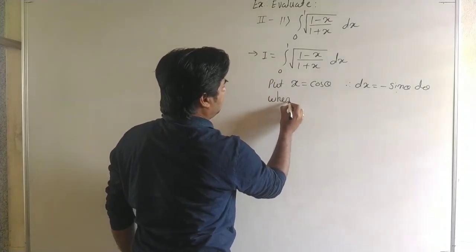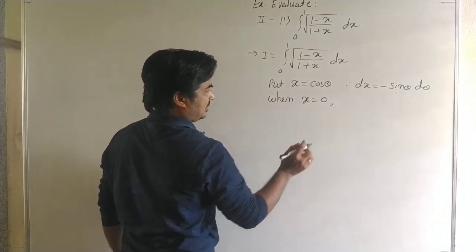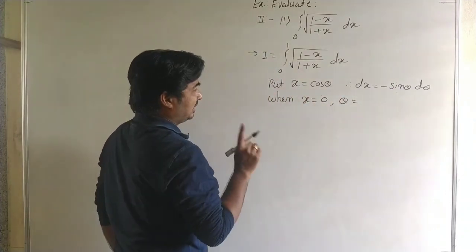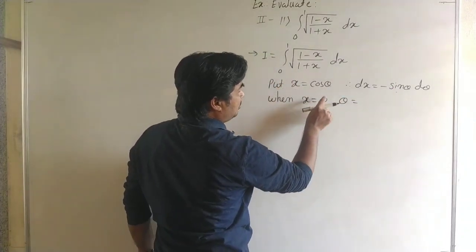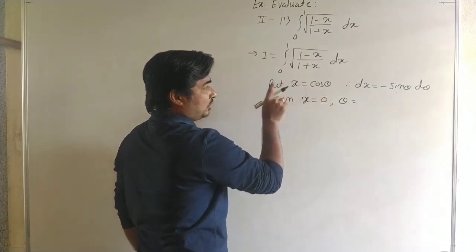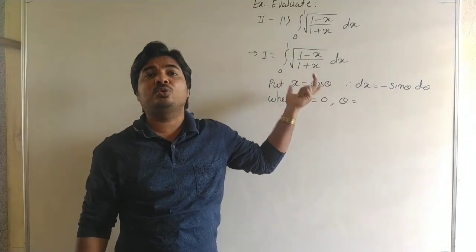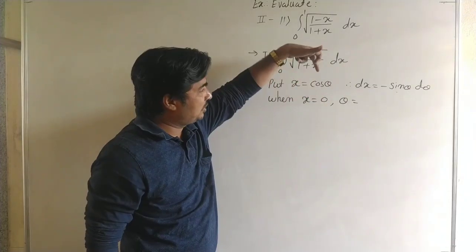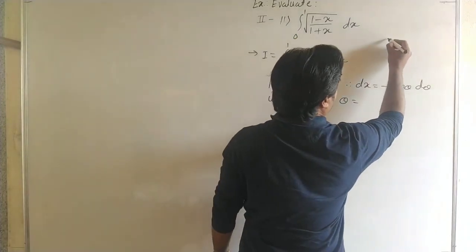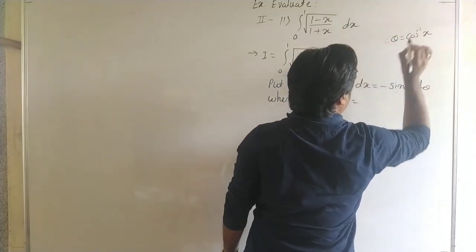When x is equal to 0, then theta is equal to, see carefully here, x is equal to cos theta, therefore theta is equal to cos inverse of x.